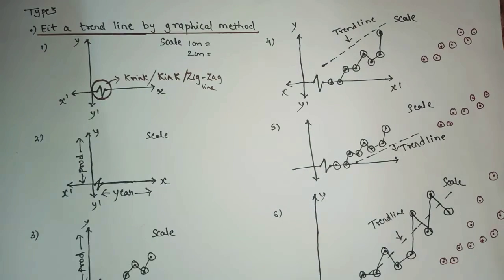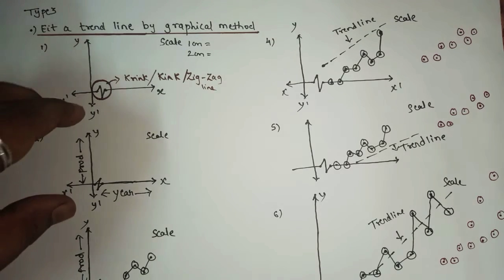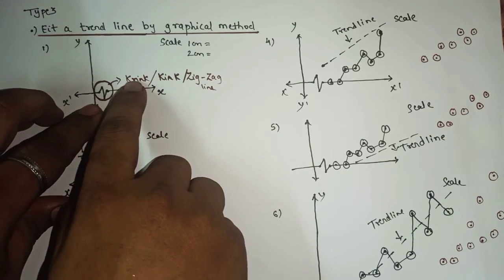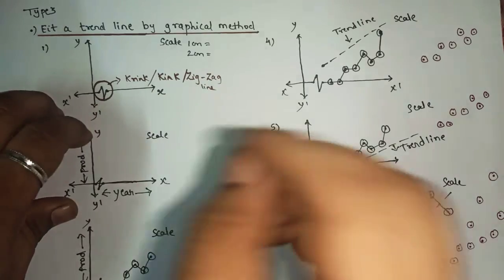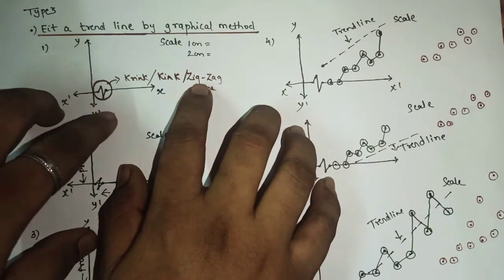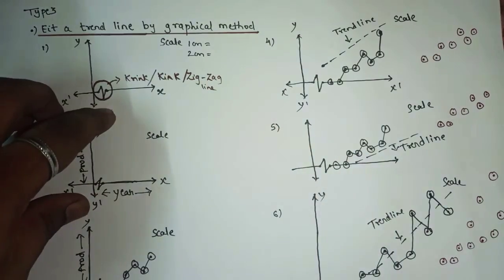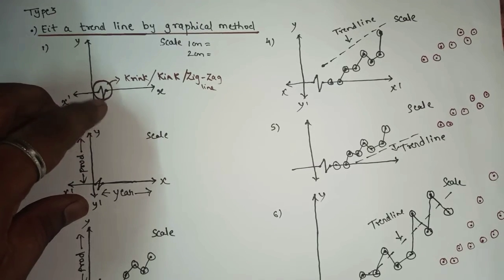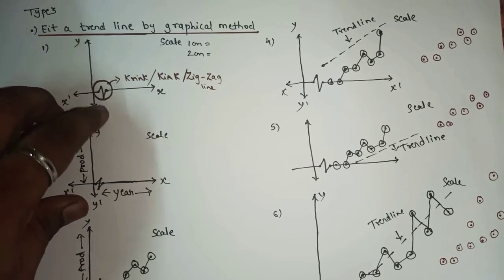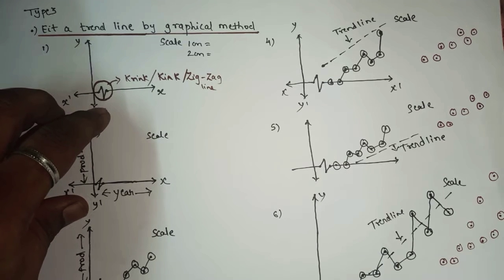So this symbol is known as the crink symbol. Now we all know the meaning of this crink, or in this chapter I will use zigzag line. I hope you all know why we draw this crink symbol or zigzag line.